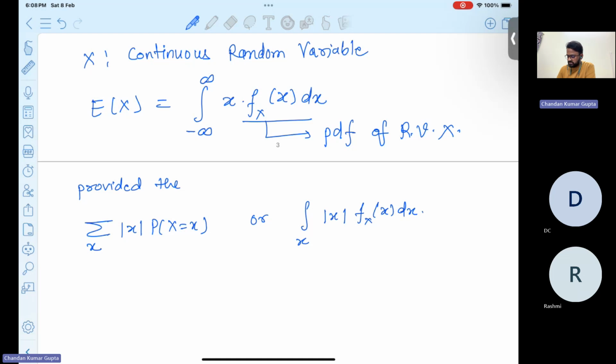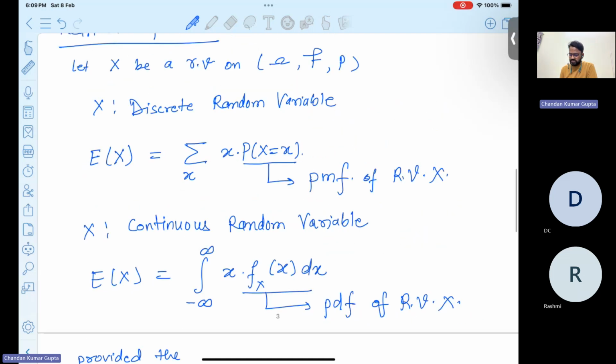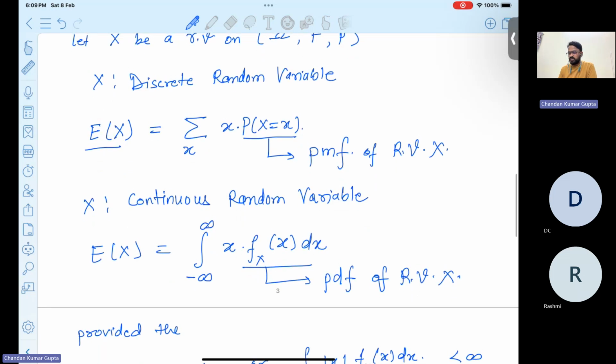If these are convergent or have a finite value, then the quantity calculated by either summation of x into p(x) or integral of x into f(x) dx is termed the mean, average value, or expected value of the random variable X.